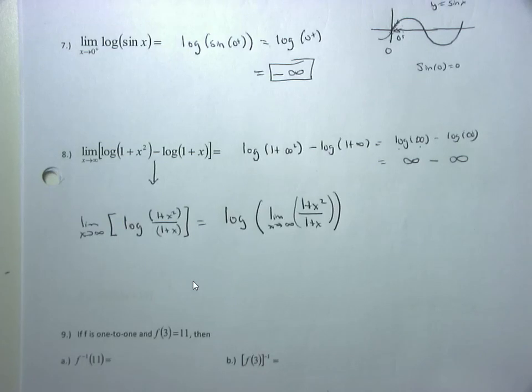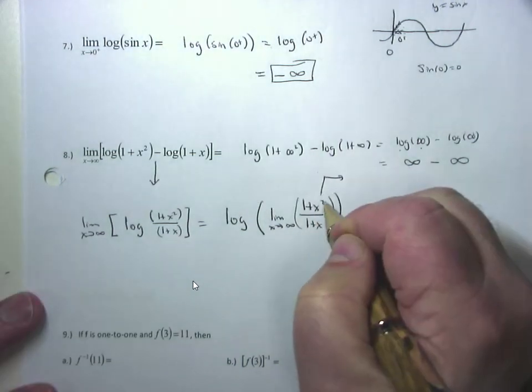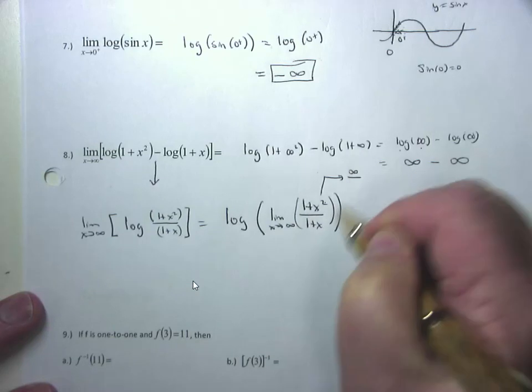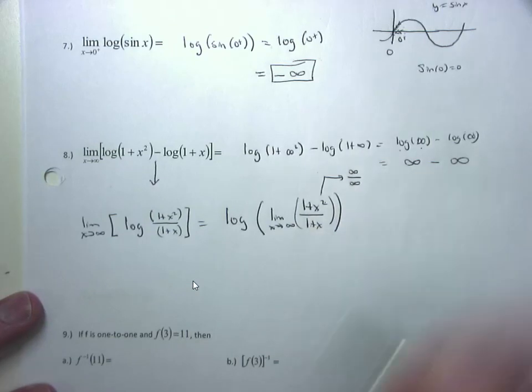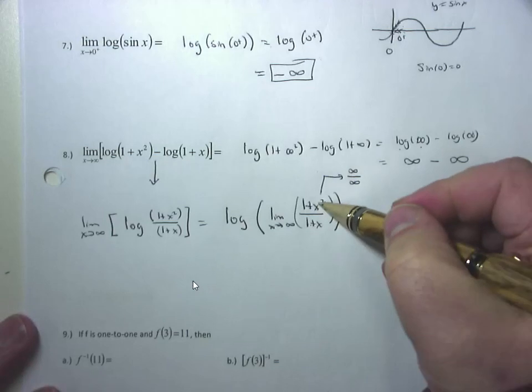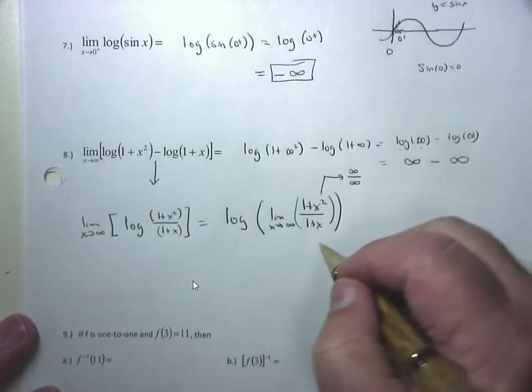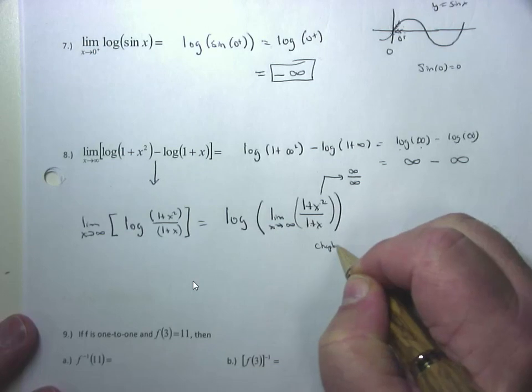Now right here, if I plug in infinity, I get infinity squared plus 1, which is infinity, over infinity plus 1, which is infinity. It's infinity over infinity. It's a different kind of indeterminate form. But if you remember when we had polynomials over polynomials, this is chapter 1.6 by the way, in case you wanted to go back and look at it.